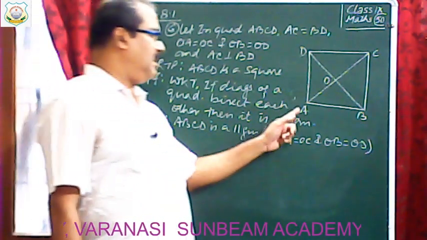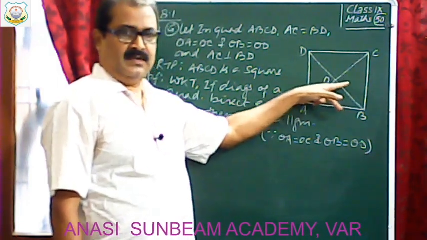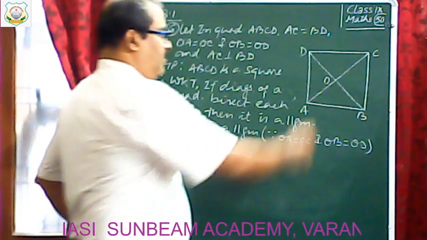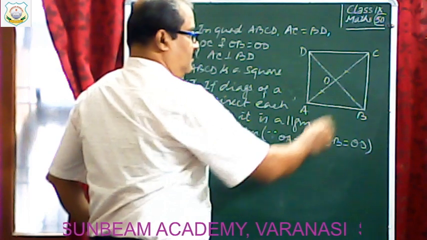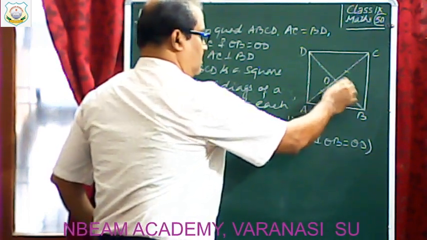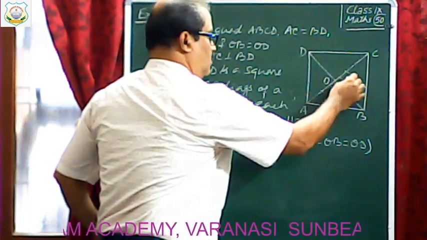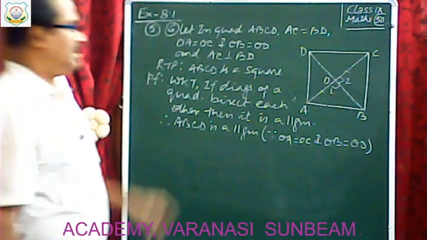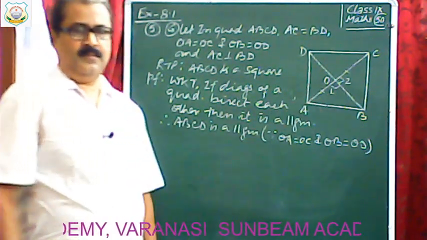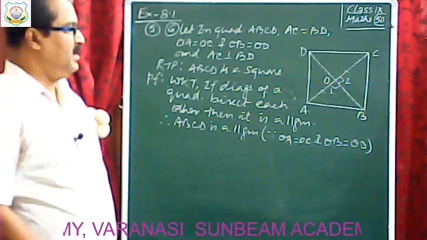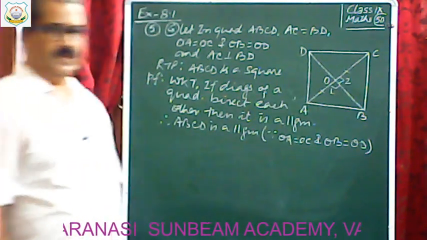If you consider AOB and COB, these are two adjacent triangles in which we have AO equal to OC, and OB common, angle 1 equal to angle 2, diagonals are perpendicular to each other. So by SAS criteria, both the triangles AOB and COB are congruent, then we can say that AB equal to BC.